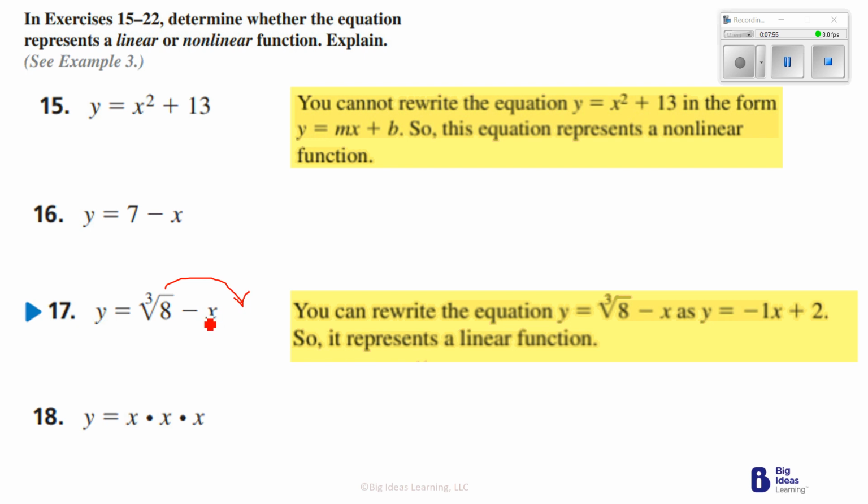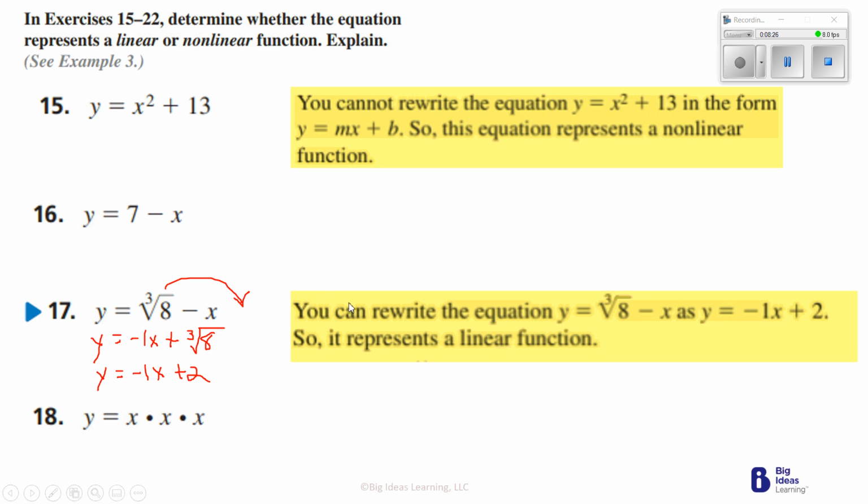Since there is always a 1 in front of the x, now this is y equals negative 1x plus, this is a positive over here, the cube root of 8. Remember, the cube root of 8 we said could be 2. So now we're just rewriting it to say y equals negative 1x plus 2. And that's exactly what they have over here. So this does represent a linear function.